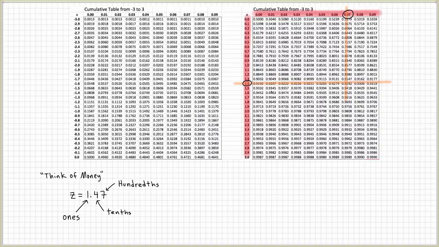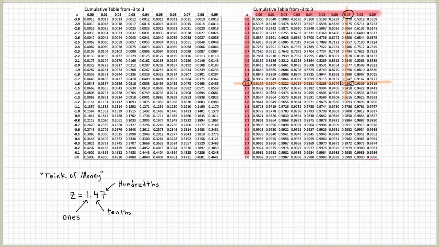Okay. Where do they cross? Right there at 0.9292. Note, and this is very important, that this is not the probability of a z-score of 1.47 exactly.